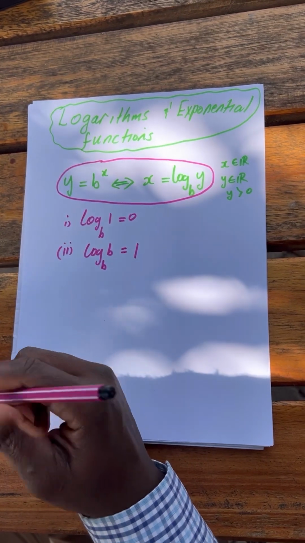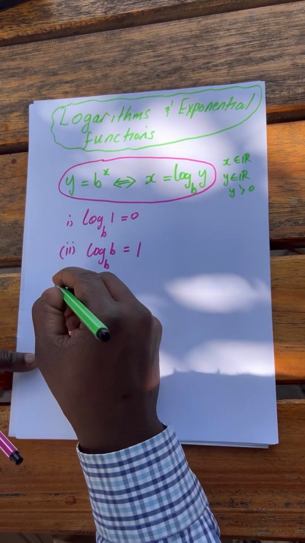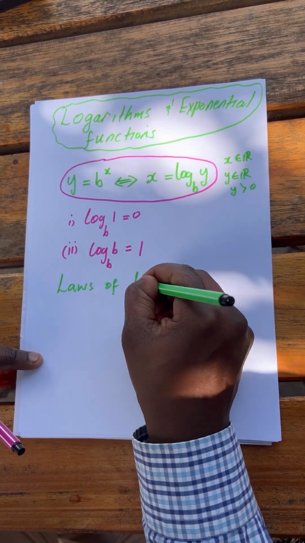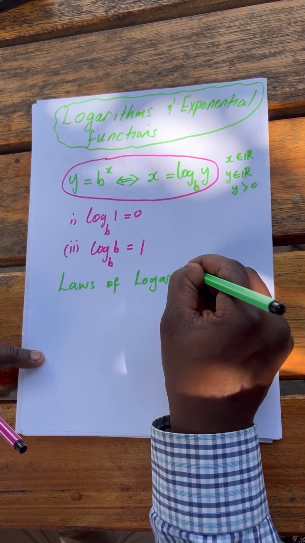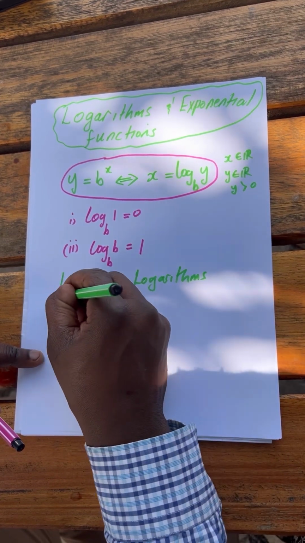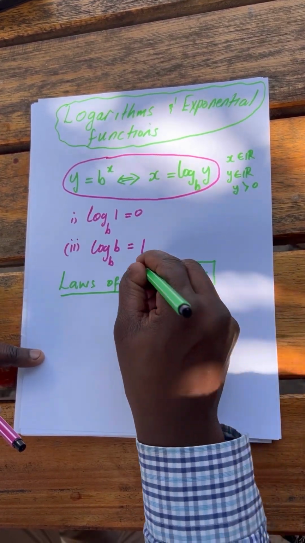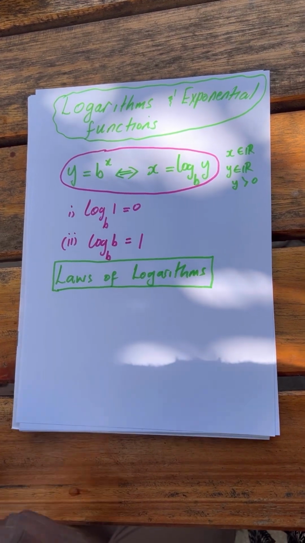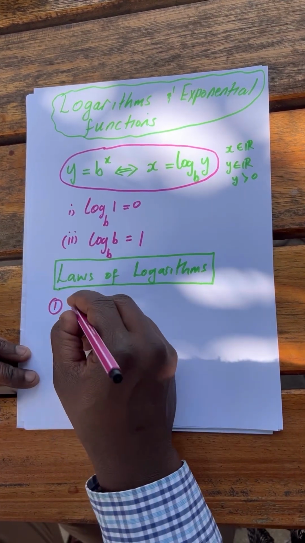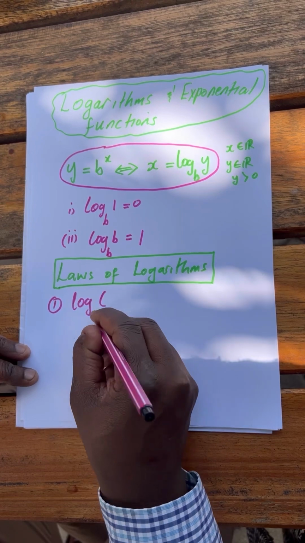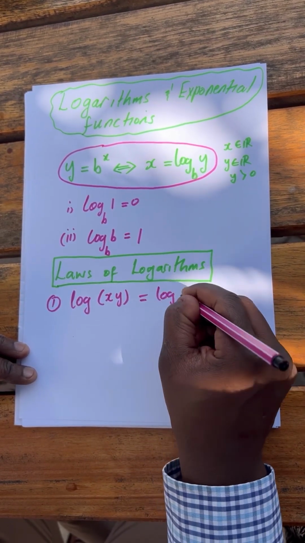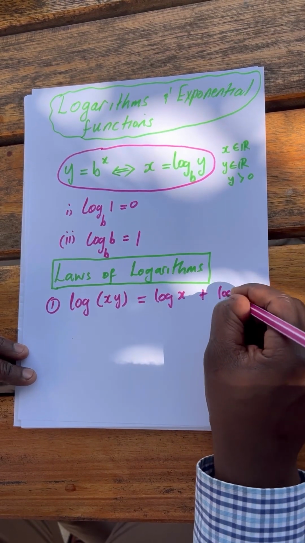The second thing we want to look at is the laws of logarithms. These are going to be our tools when we solve equations which have logarithms. The first one is that log of x times y is the same as log x plus log y.